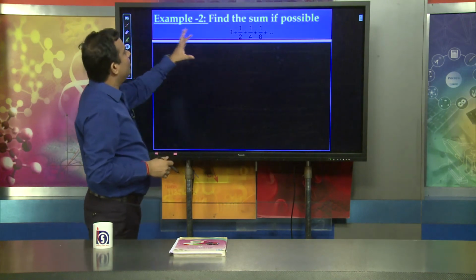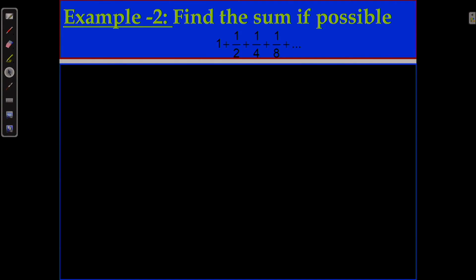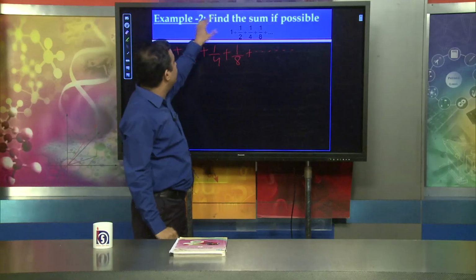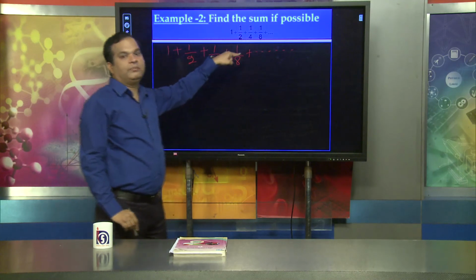Find the sum, if possible, of the given sequence: 1 plus 1 by 2 plus 1 by 4 plus 1 by 8 plus and so on. Dear learners, just observe whether the sum is possible or not.